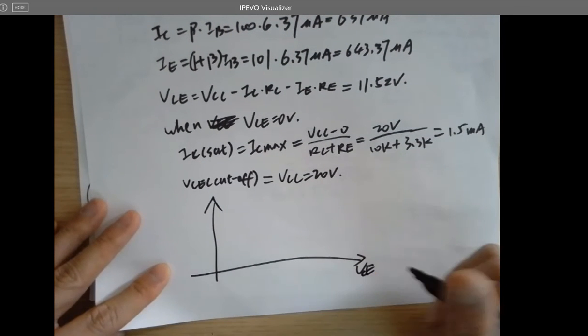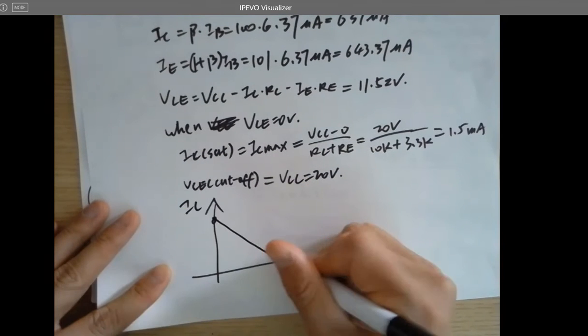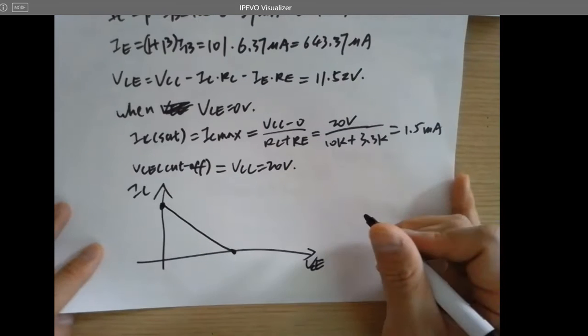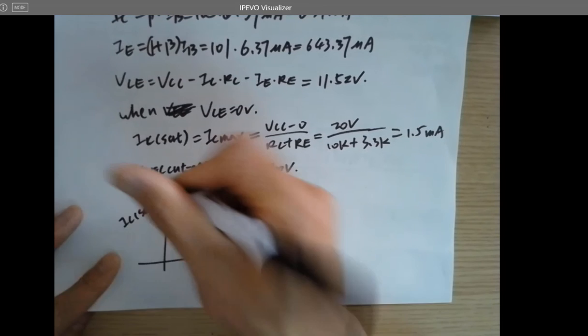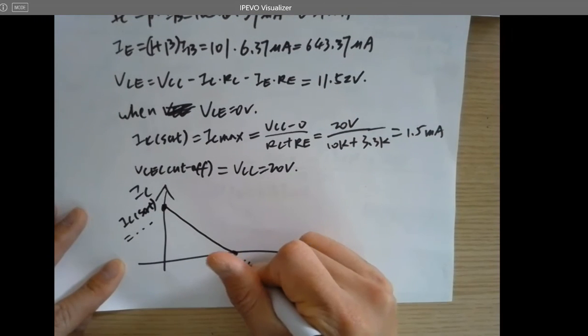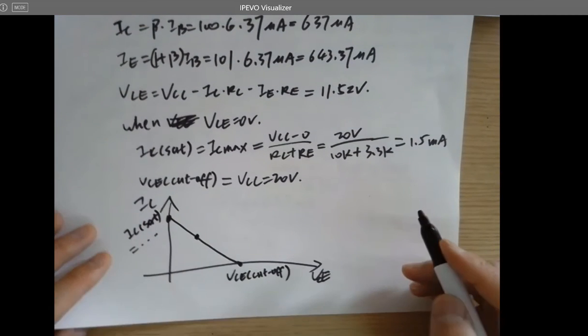VCE, IC. Just draw the load line. I'm going to ask you to draw the load line. Very simple. Just draw a coordinate, boom, a line. And label IC set. Just put the value here, equals to what, right? And VCE cutoff, what is the value here? And what's the Q point?